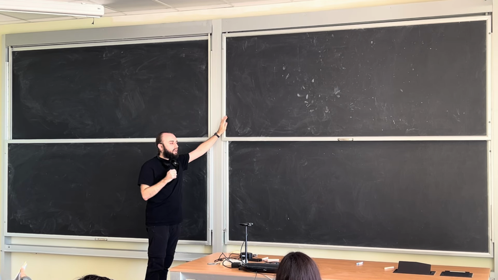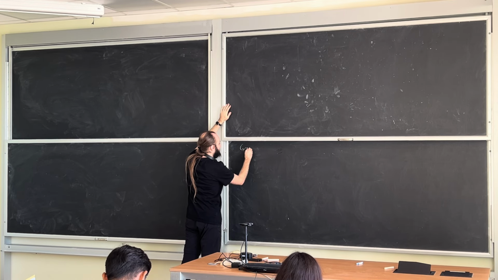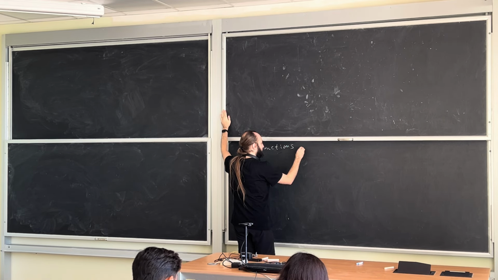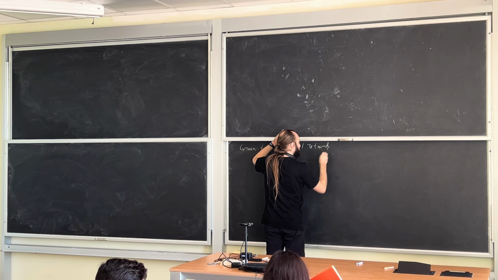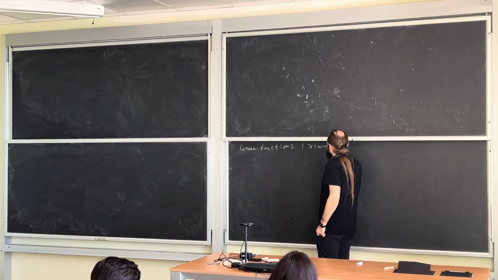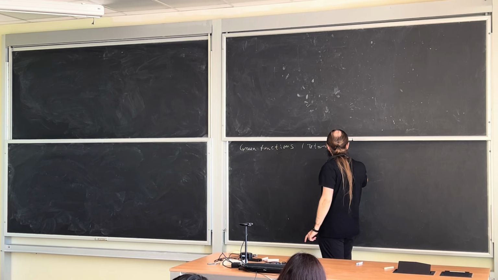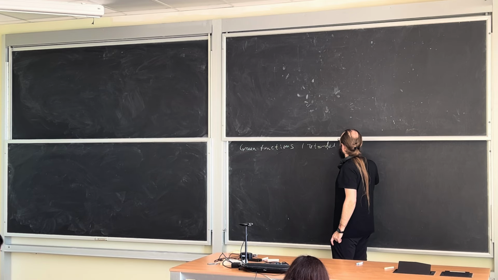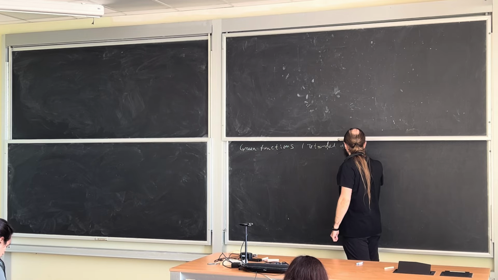Let us continue the topic about Green functions. Today we'll talk about a more complicated case of the wave equation, and in this case there are several different Green functions, and two of them are called retarded and advanced.